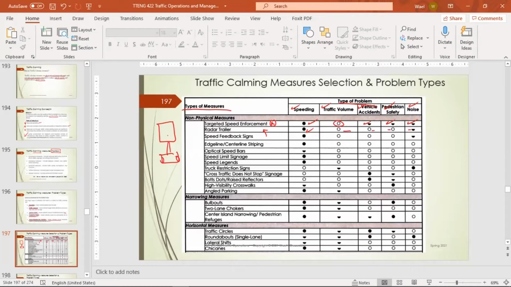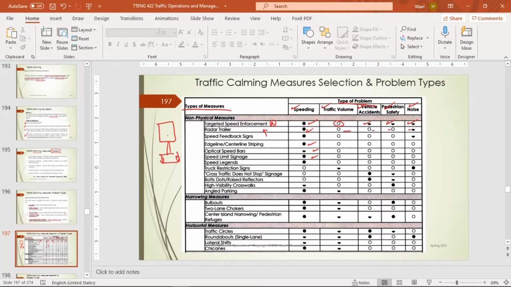Edge line, center line striping. This will give the driver a cue on how fast they are going, so it has an impact on speed. Optical speed bars, as you can see, are not that effective, partially effective. Speed limit signage has a direct effect on speeding, and so on.